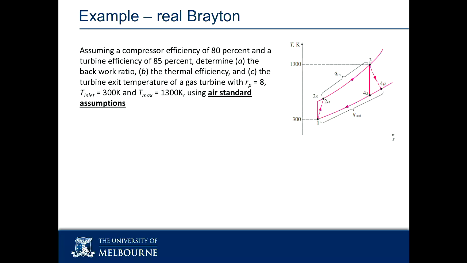Air standard assumptions tells you I should be using an ideal gas table, the one that I just introduced. So in this problem, we're going to be playing with isentropic efficiency, and we're going to be moving around on the table. You get those up there, these up, and we'll be using this guy. Okay, so let's solve this.